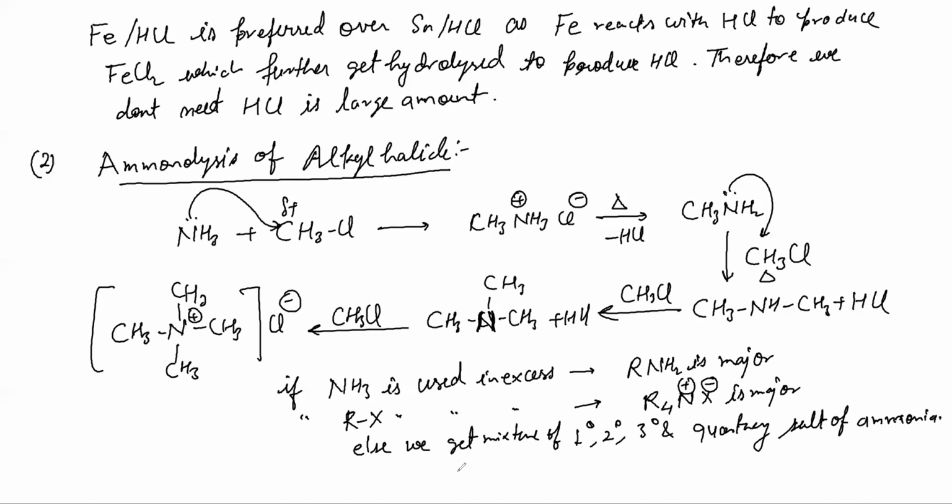So we don't prefer this method. Therefore, this method is not preferred because we don't want a method which is giving us so many different products. We don't want such a reaction. We want a reaction which gives us one or two products at most.